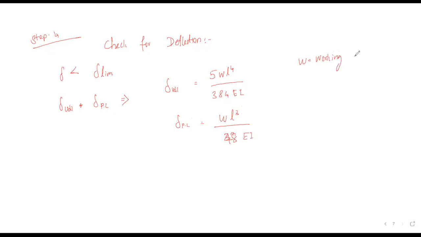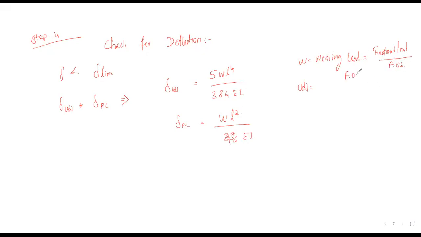If it is working load, then we have to convert by dividing by the factor of safety. So working load is equal to factored load divided by factor of safety.